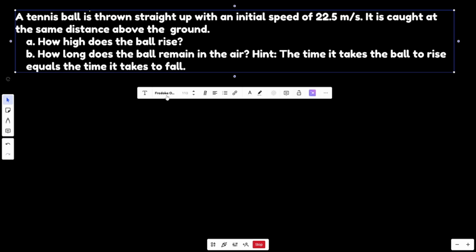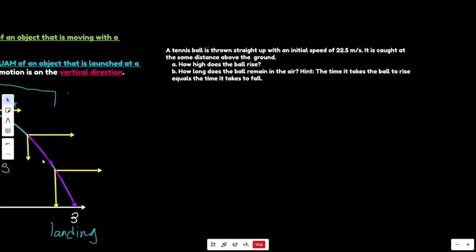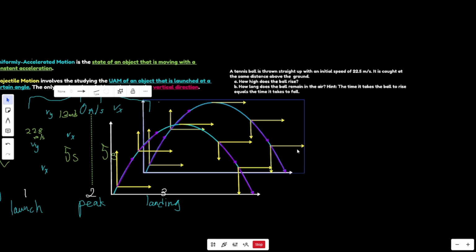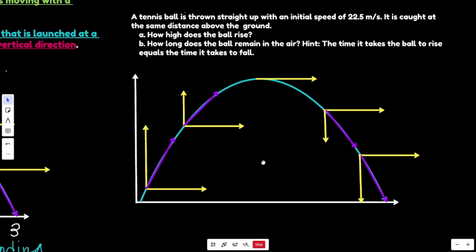A tennis ball is thrown straight up with an initial speed of 22.5 meters per second. It is caught at the same distance above the ground. How high does the ball rise? So let's try and copy this here to the other side. Okay, let's label our points here.